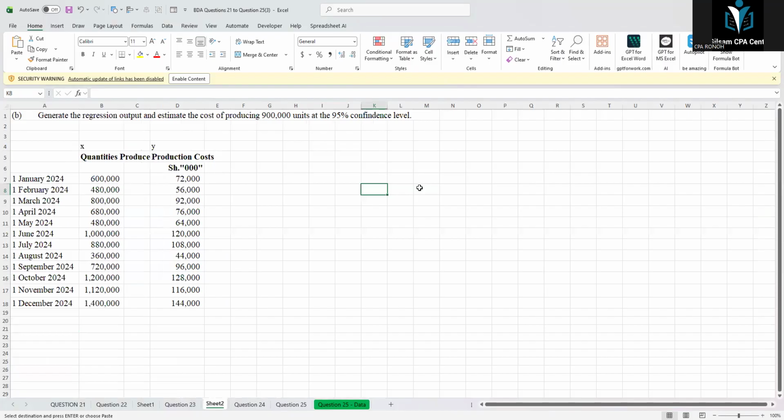So for the high-low method, you identify the highest cost corresponding with the number of units you've been given. That is one of the methods of estimating the cost.